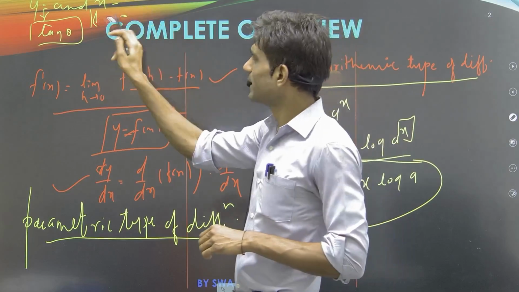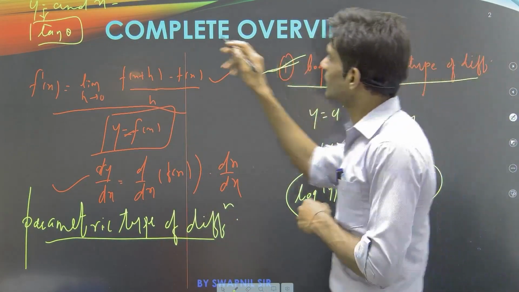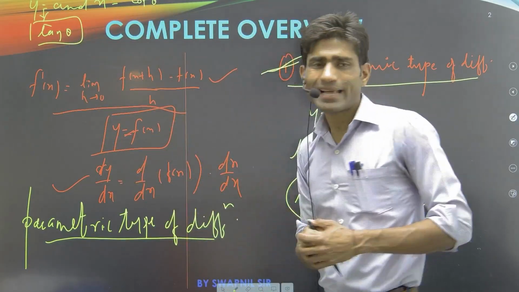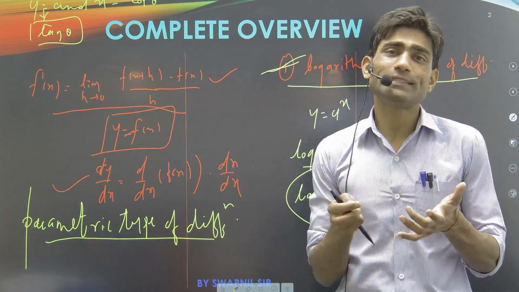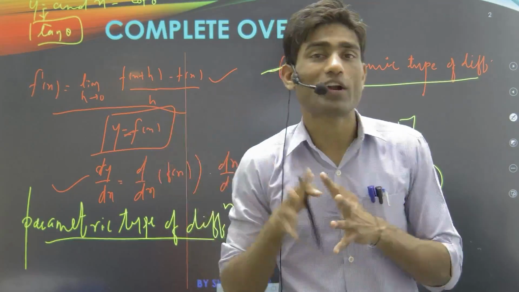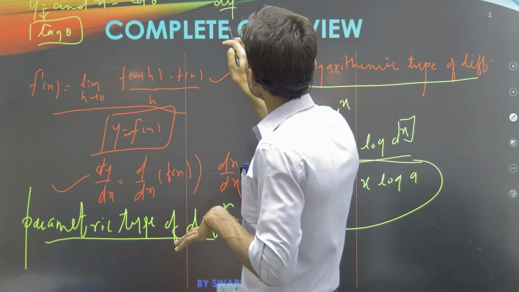I am explaining here what the parametric type of differentiation says. So x I consider here as cot theta, and y is tan theta. So I have to differentiate tan theta with respect to cot theta, and we have to find the value of dy by dx.